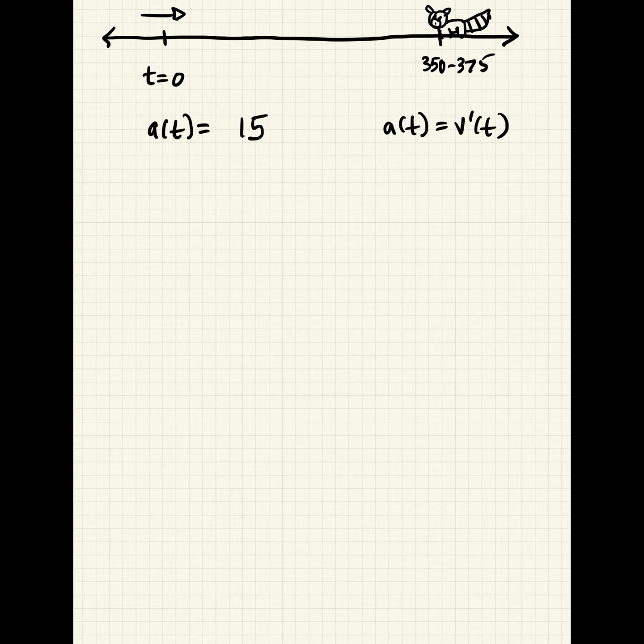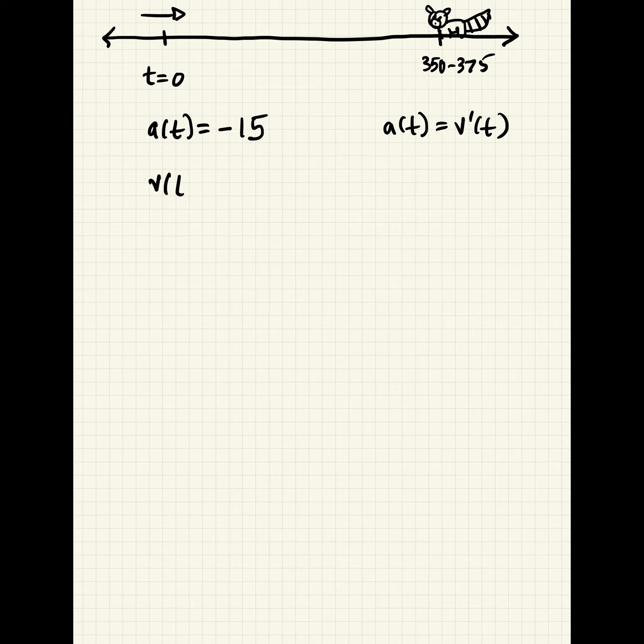So if you think about what a graph looks like when its values are going down, its tangent lines all have a negative slope. So deceleration for me means that this number is going to be negative 15. And as long as I've got my foot on the brakes, my deceleration is constant. So this is my acceleration function, negative 15. And we know the units are feet per second squared. I'm not going to write that because we're doing math now.